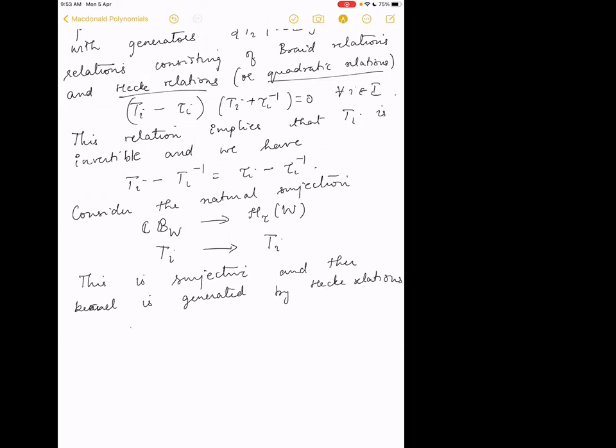So basically H_tau(W) is C[B_W] modulo (T_i minus tau_i)(T_i plus tau_i inverse) for i in I. Okay, so associated to a Coxeter system, we talked about what the braid group is, where we basically ignore the quadratic relations, and then given a parameter tau, we can talk about the Hecke algebra that comes from it, which can be thought of as a quotient of the braid group by quadratic relations.